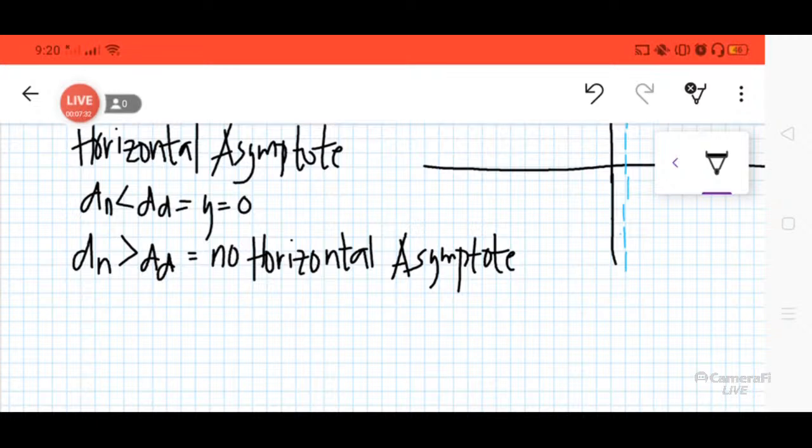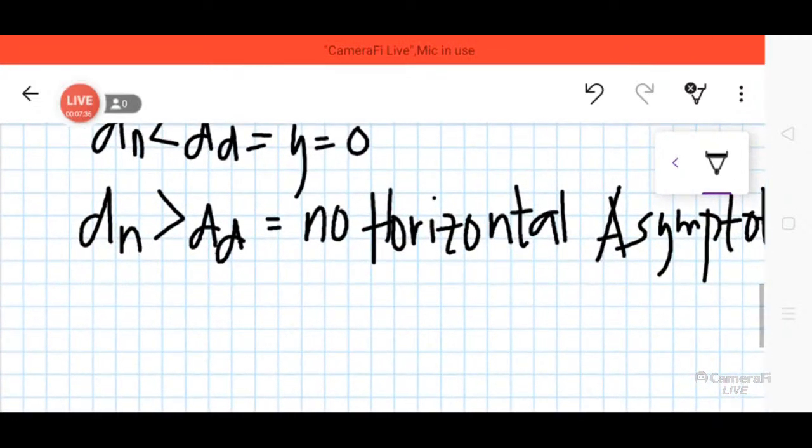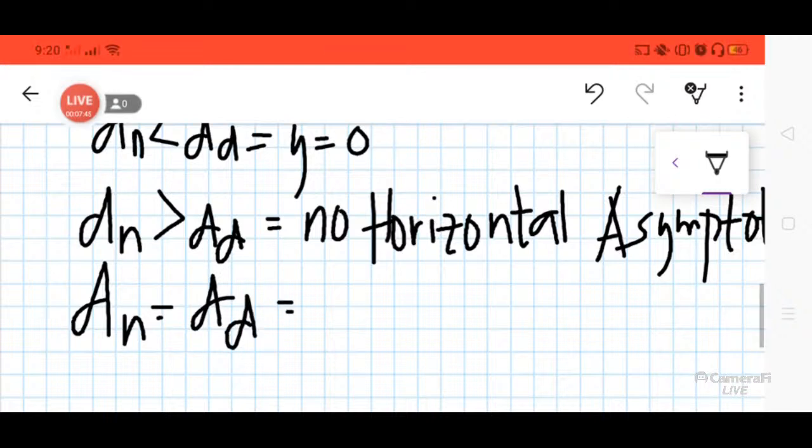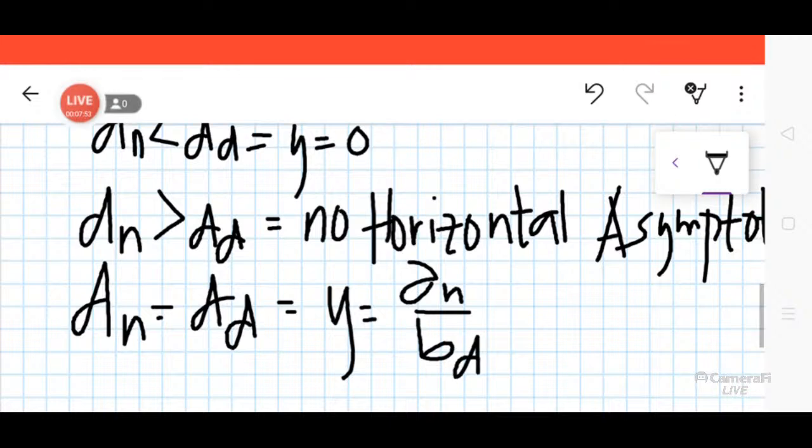The last rule: if the degree of the numerator is equal to the degree of the denominator, then y is equal to a sub n over b sub d, where a and b are real numbers.